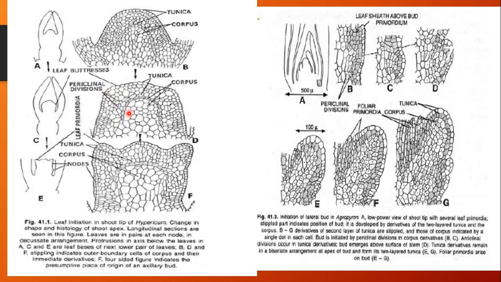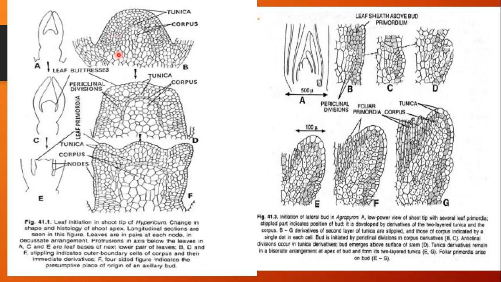As we have discussed, the first change is in the rate and planes of cell division, which occur in the tunica and corpus, and due to this change in division we get the leaf buttresses developing here. Next we have E, which has formed the nodes, with the tunica and the corpus. Here we have formed the leaf primordia.